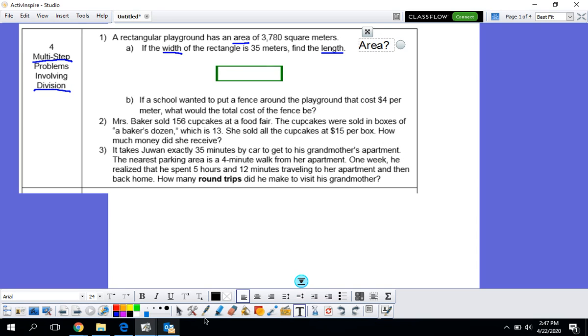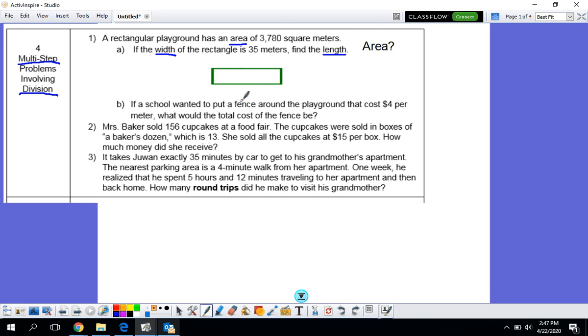Now, let's look at 1B. If a school wanted to put a fence around the playground that costs $4 per meter, what would the total cost of the fence be? Right there, you need to know what fence around means. Is that area, or is that something else you've learned in 3rd and 4th grade? I would think about that.